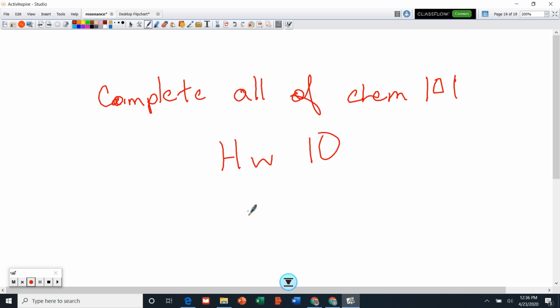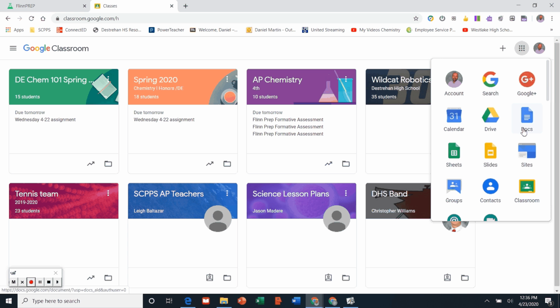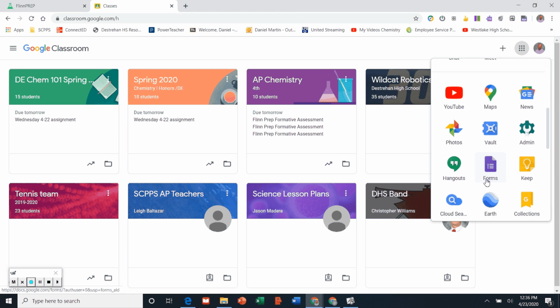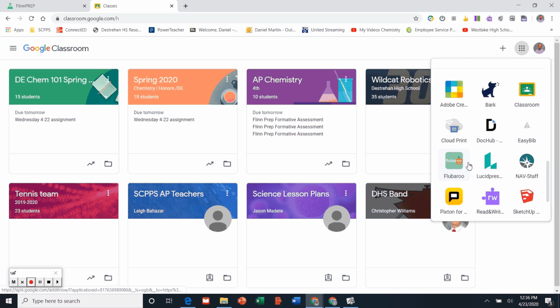Let me pull this up. If you're in Google, in your account, if you go to Docs, there should be one that is Google Draw. You might have to search it.